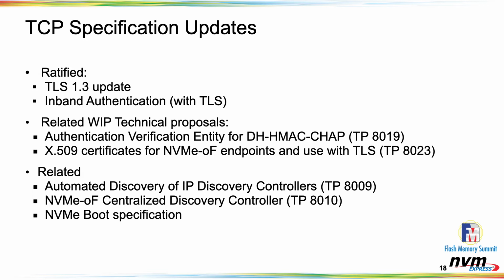And another one was enhancements on in-band authentication. But what's more important is the way that you can concatenate TLS session establishment on top of in-band authentication, so you don't need to manage two sets of keys, right?